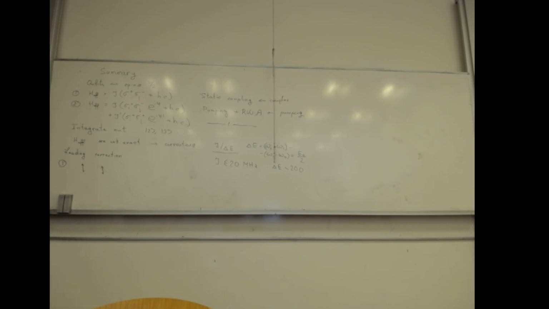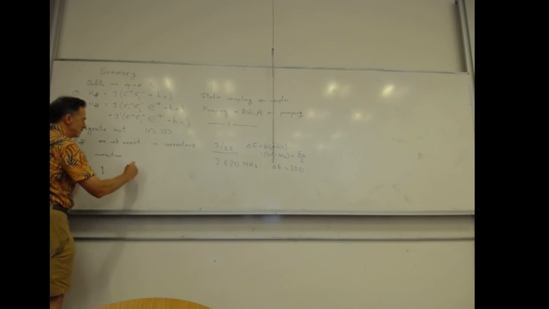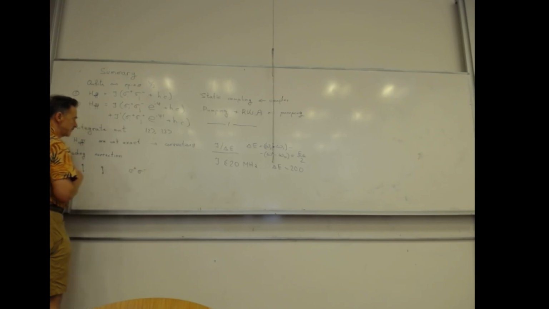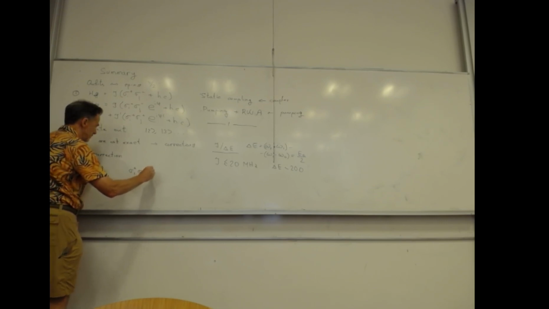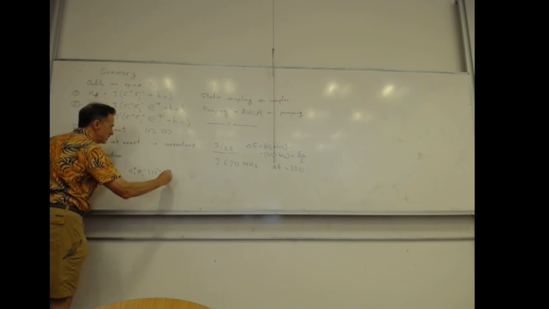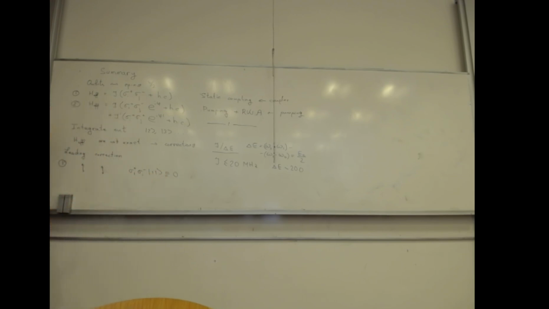Then, if there were really two spins, the process in which I act with sigma plus, sigma minus on these two sites would give us identically zero, because I cannot move the spin further.